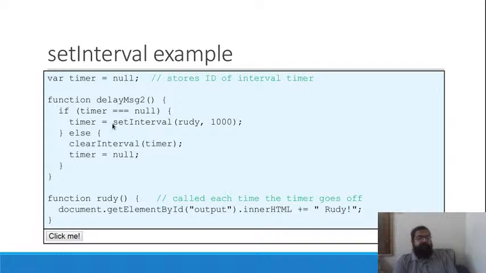So every 1 second you want the function rudy to execute, if the timer value is equal to null and the type is also null.